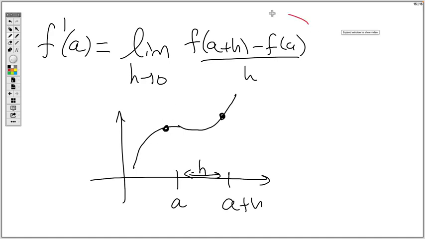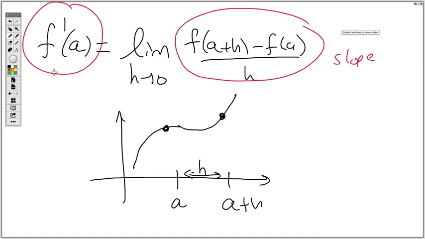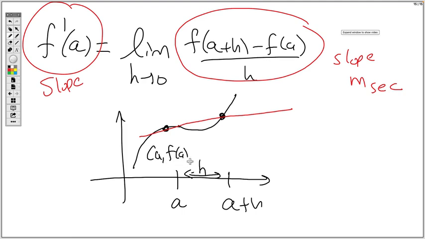This is a slope. This slope is the slope between 2 points on the curve. So that was what we called the slope of the secant line. Okay, so that's the slope of the secant line.